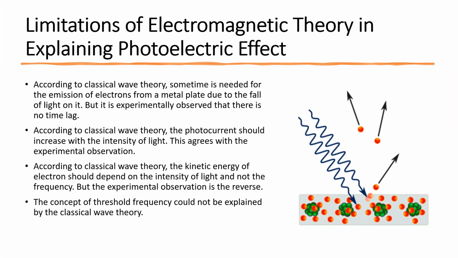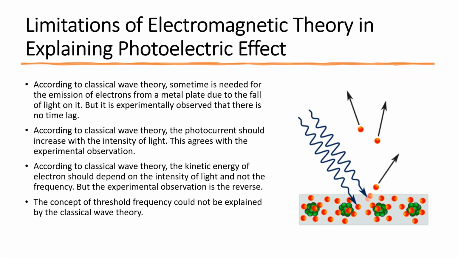So it fails to explain three things. One, why the photoelectric effect is instantaneous. Second, why the kinetic energy of electrons depends upon the frequency of light and not on the intensity of light. And thirdly, why there is a threshold frequency.